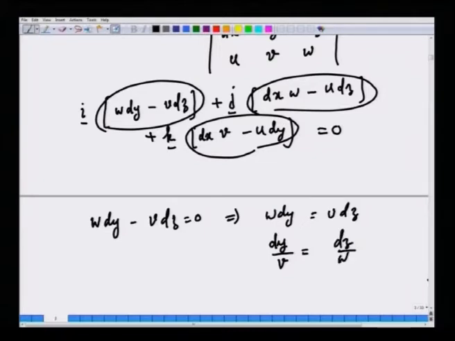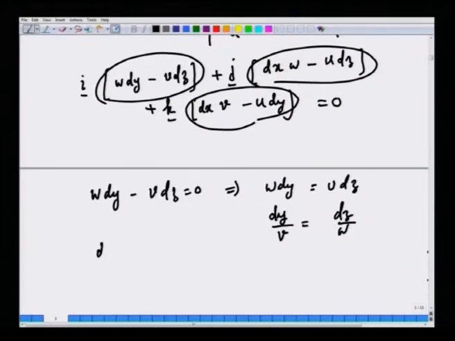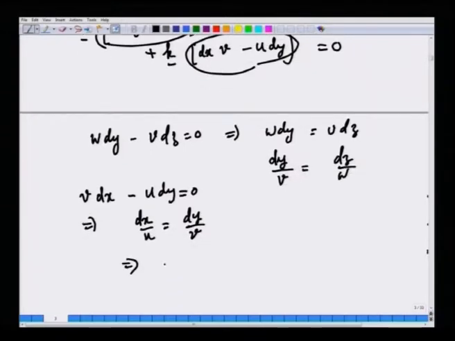And dx v minus u dy is 0 implies dx by u is dy by v, which implies that the equation describing a streamline is dx by u is dy by v is equal to dz by w in general in 3 dimensions.